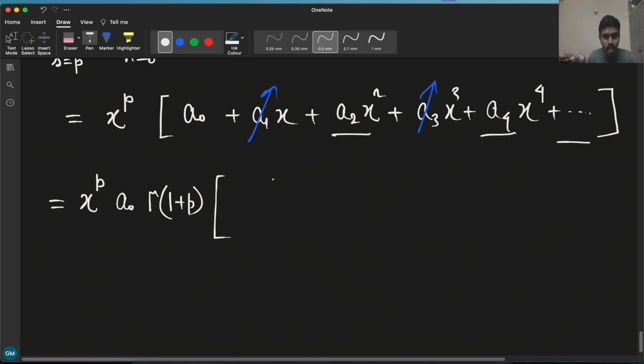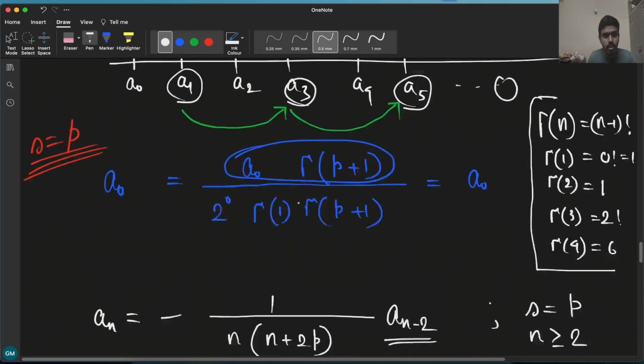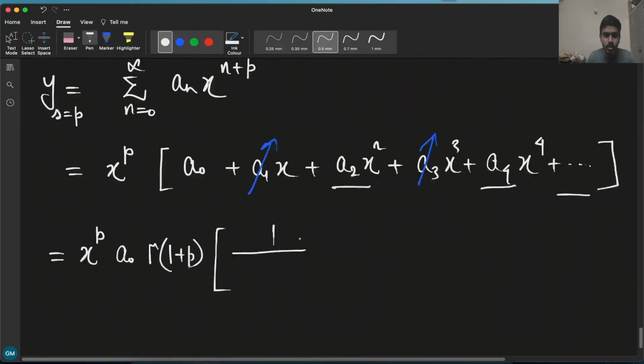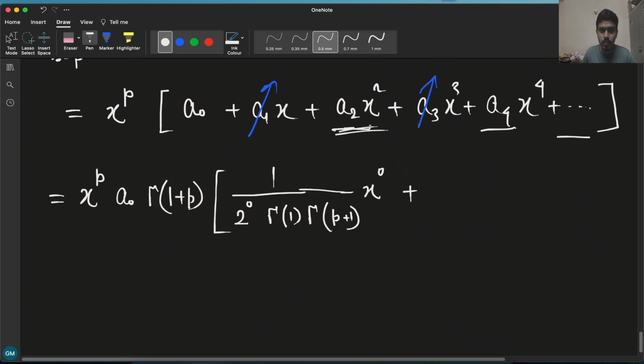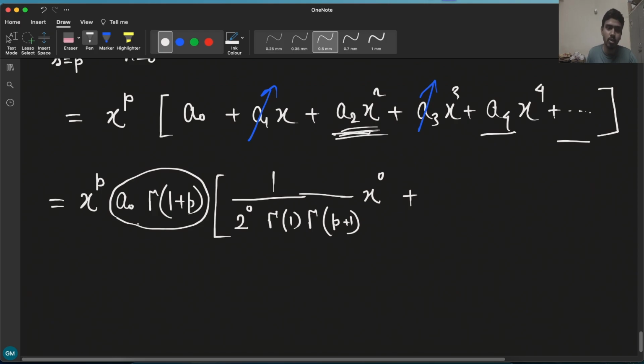Then we are left with 1 by, for this a0 it will be 2 to the power 0, gamma 1, gamma of p plus 1, times x to the power 0, plus this term, with a0 times gamma of p plus 1 taken outside.